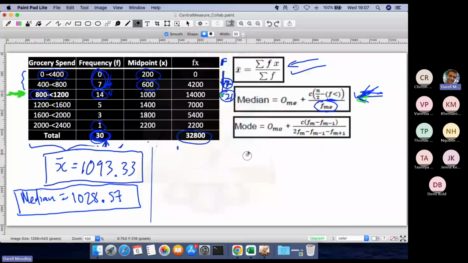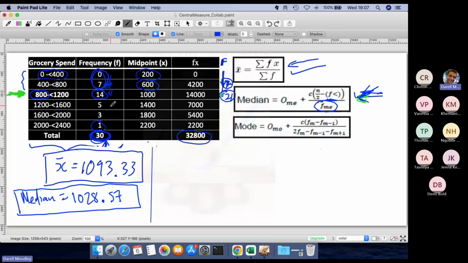Now, from the earlier part of the session, I told you that the mode is the most frequent number, right? But the thing is, we are not given the raw data, but we can determine which interval has the most amount of people in this example, or most amount of data points.